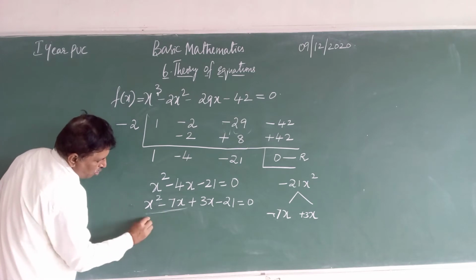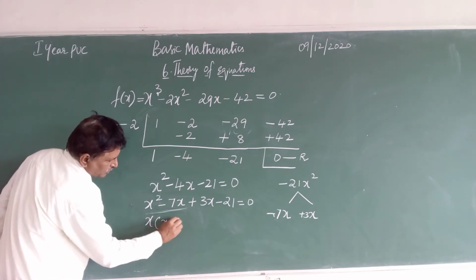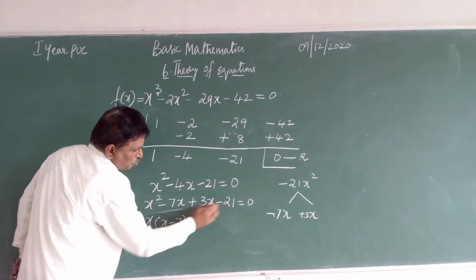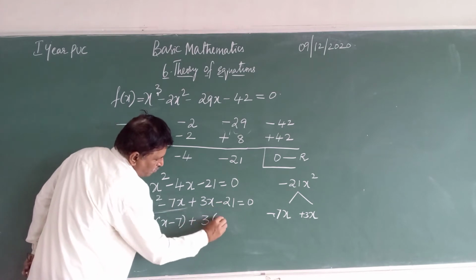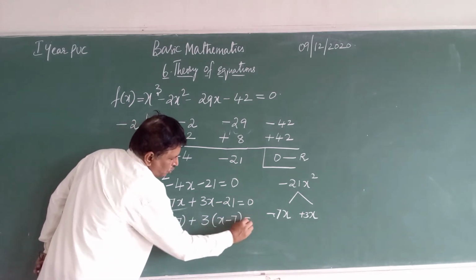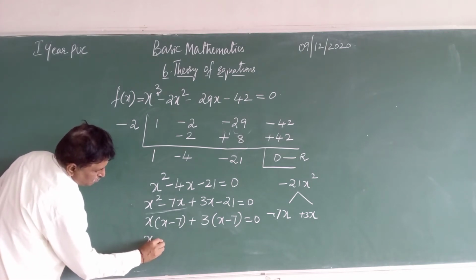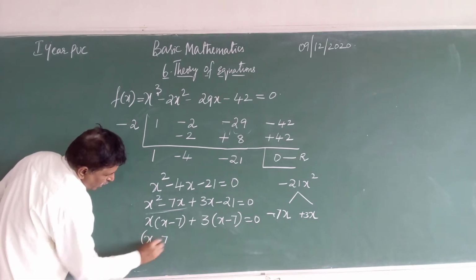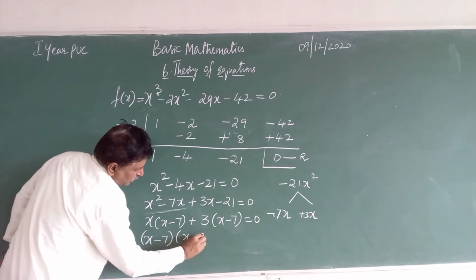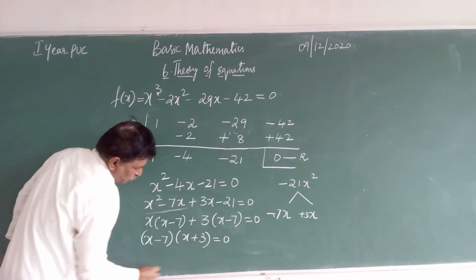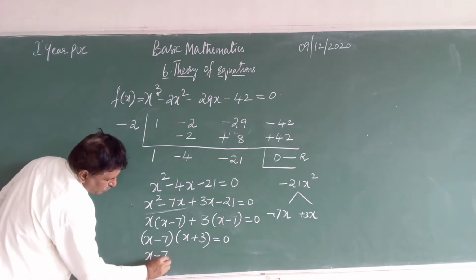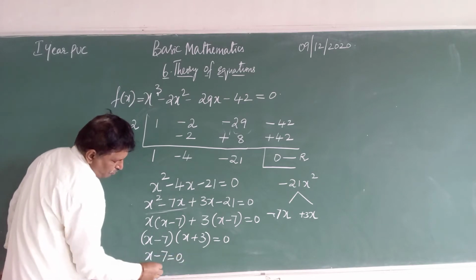So I will take x common in this, x minus 7, plus these two one term. I will take 3 common, x minus 7 equal to 0. So I will get x minus 7 and x plus 3 equal to 0. So very clearly I can take x minus 7 equal to 0.